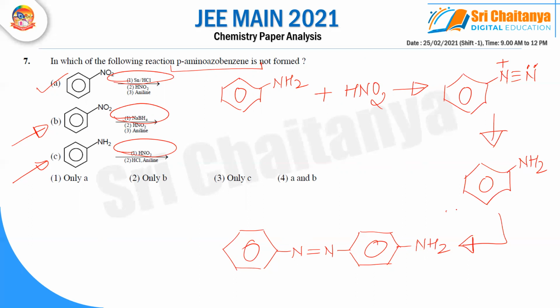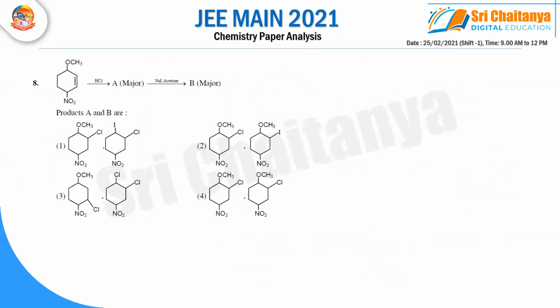Then again, we have aniline, so it further reacts with aniline and produces this particular compound. So yes, A and C are going to give you the desired product. If you look at the options, they are asking not formed. A and C are forming, so the answer has to be B. In case of B, it's not forming.